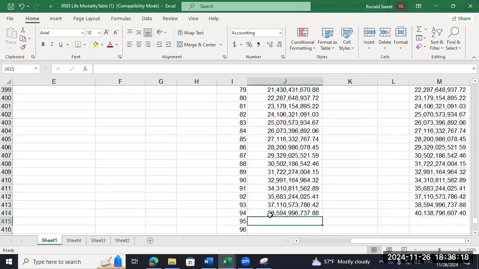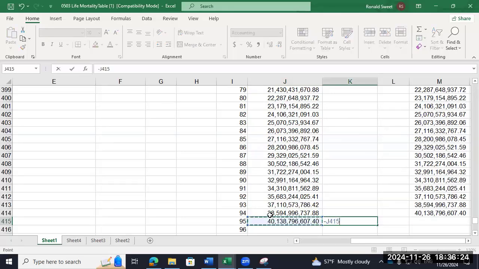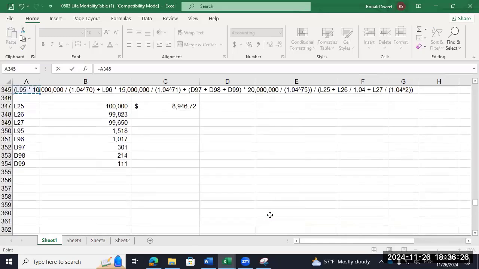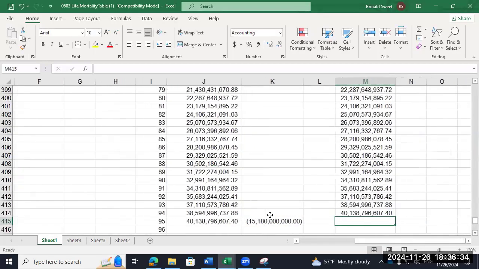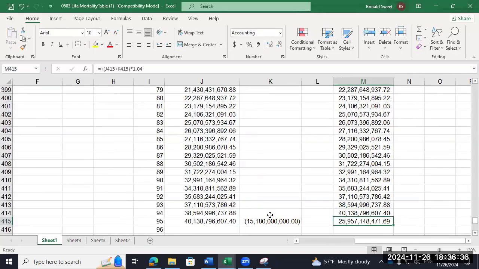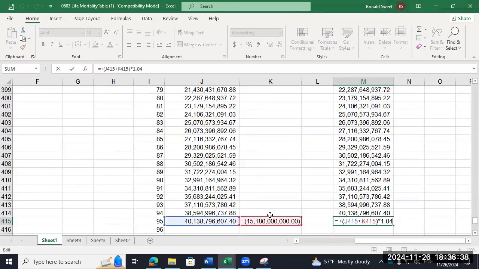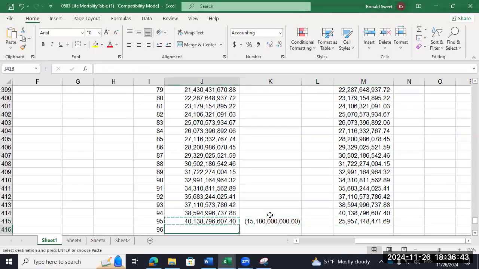And so at 95, this is going to be at the beginning of the year. So we're going to pay the L95s 10 million. So our ending value is going to be that. We're going to take those two. They're at the beginning of the year, so they both get the 4%. Bring that down.